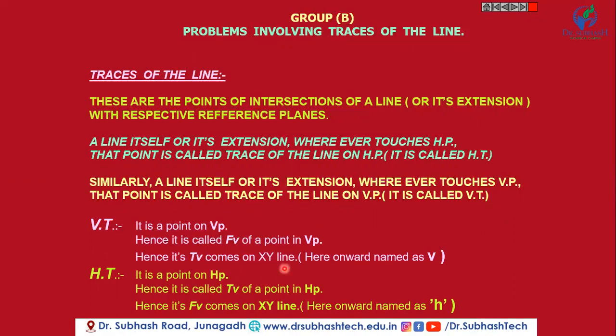This top view of VT is named V. HT is the horizontal trace. It is a point on HP, hence it is called the top view of a point in HP, hence its front view comes on the XY line. It is named H dash.